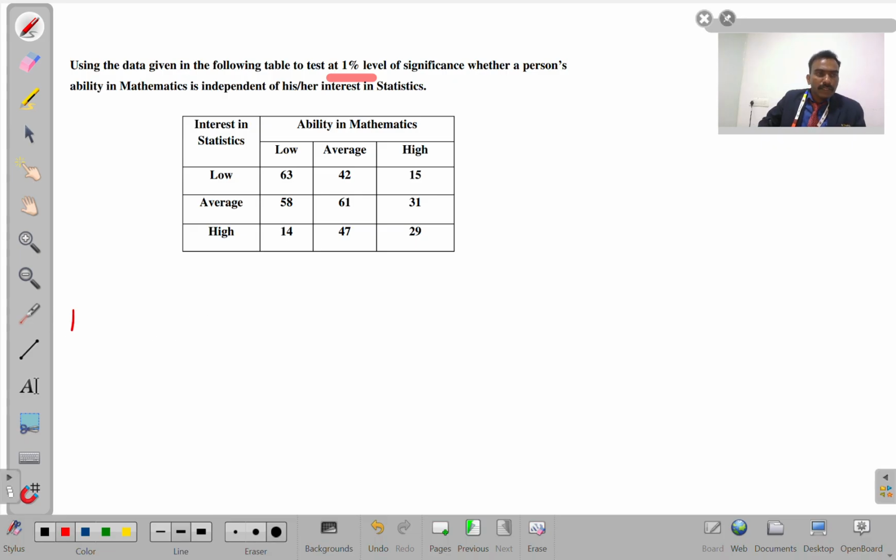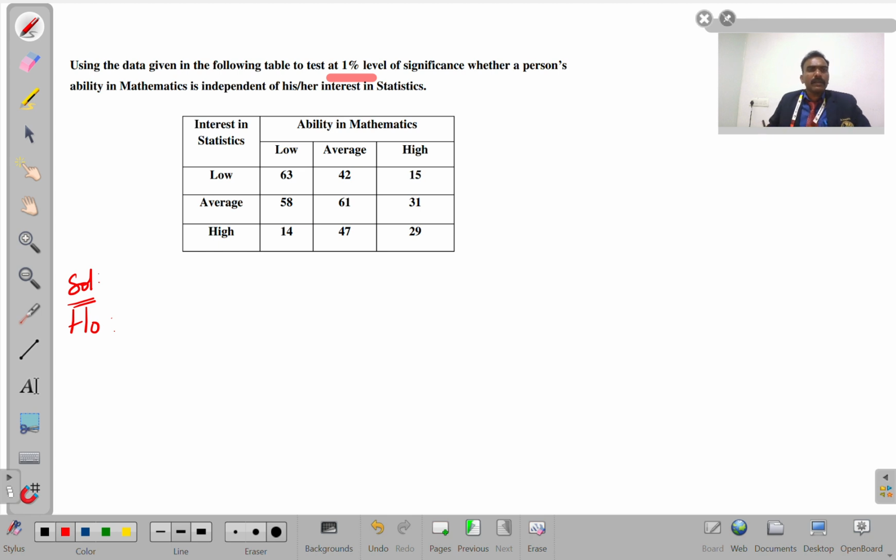Whatever the hypothesis testing we are going to do, the very first thing in the solution is to define the H naught, that is, the null hypothesis, and the alternate hypothesis. First, read the problem very carefully, then define H naught.